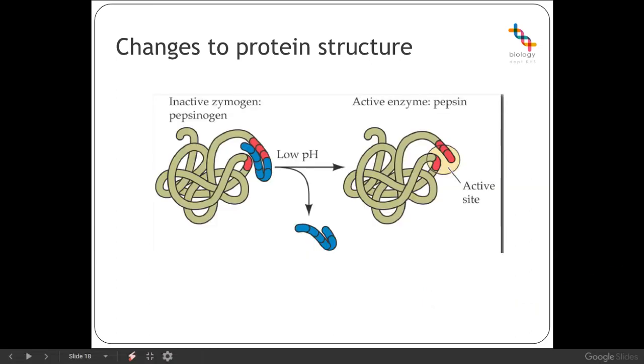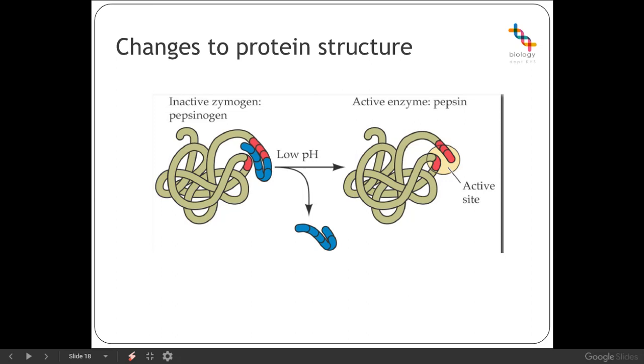We also have the fact that some proteins are affected by the pH of the solution that they are in. So the pH will change the ionic interactions between charged groups. If we have a basic and an acidic group, they've formed strong bonds between them, and changing the pH is going to influence that, and therefore acidic and basic groups will no longer be attracted to each other. That will overall change the conformation of the protein.